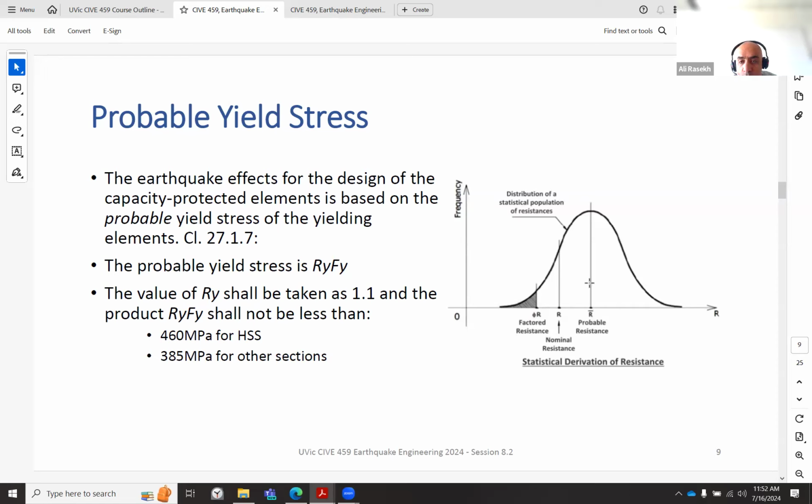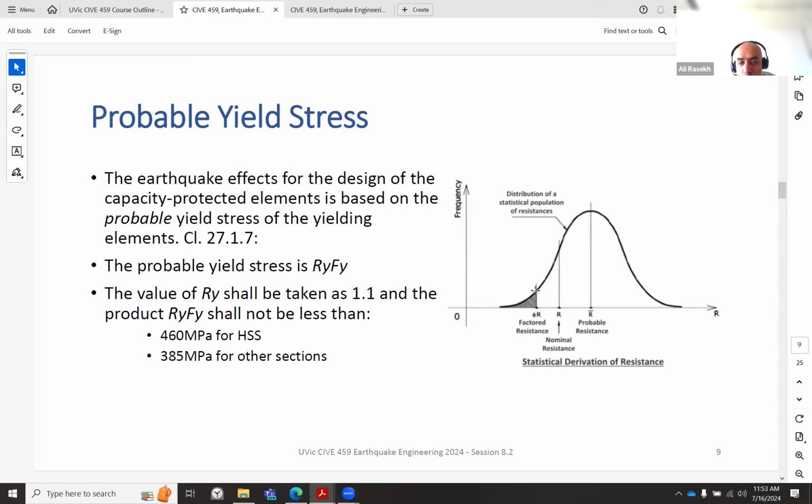The average, which has the highest frequency, is the probable resistance. But in structural engineering design, we don't design for the probable resistance. We are conservative and go, say, 1 standard deviation lower to be really conservative. And then there is another reduction factor that is applied, say 90% or something. So we even go lower than that.